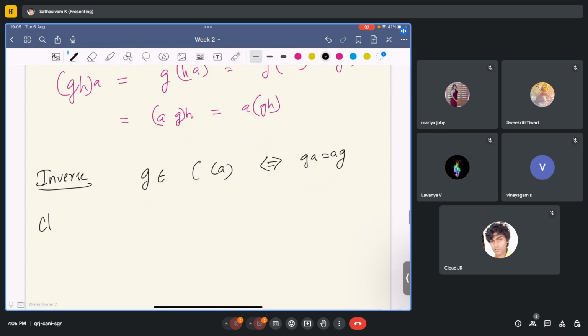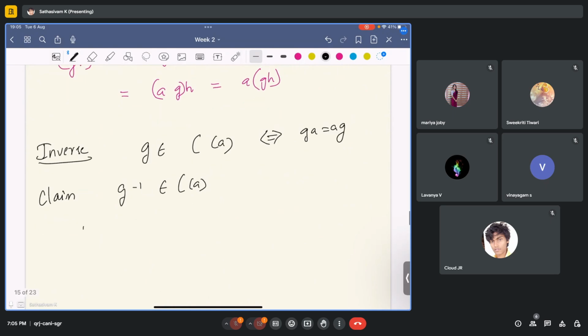So the claim is that G inverse also belongs to the centralizer, right? So what we want to prove is G inverse A equals A G inverse. Okay, how do you do that? This is maybe a little bit tricky.